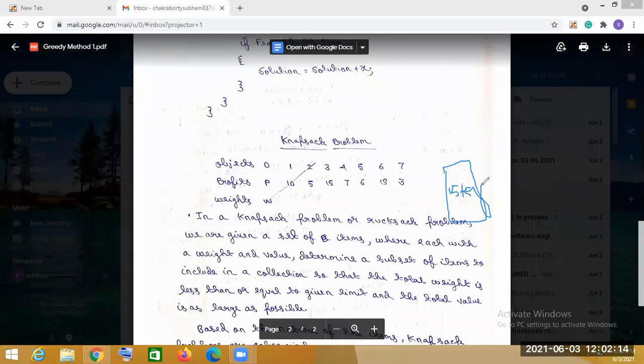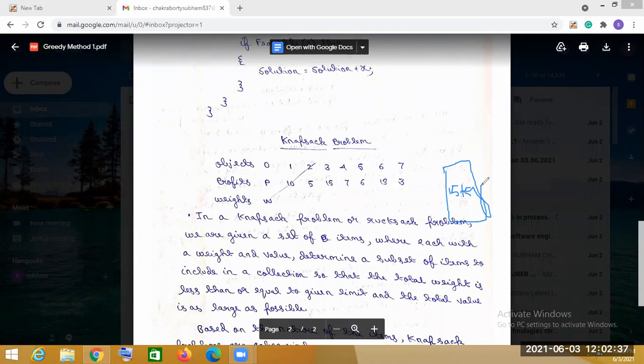Now this is the trick: we have to put the elements in such a way that their weight shouldn't exceed the total weight of the bag, but we get the maximum profit. So this is the main approach of the knapsack problem.